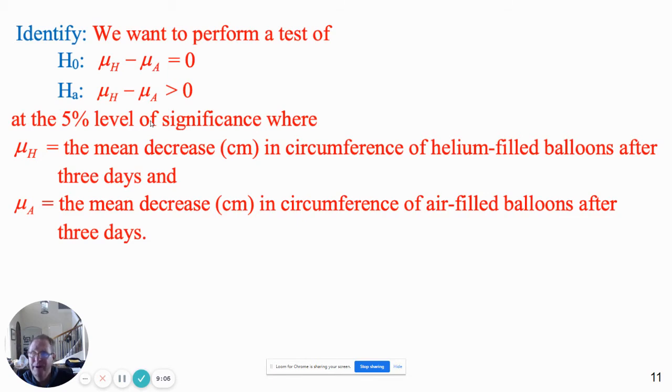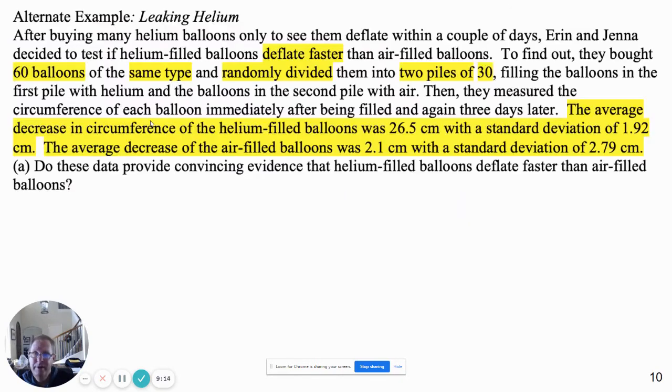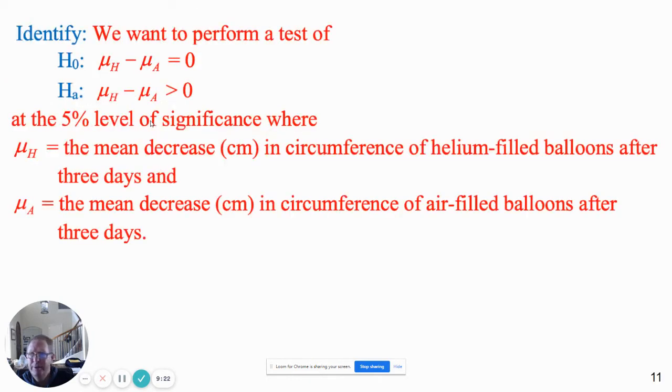The problem did not give us a significance level, so we will use the 5% significance level by default. Let's go back to the question. It asks whether the helium-filled balloons deflate faster, so we want to find out if the decrease is greater for the helium-filled balloons. So the alternative is mu h minus mu a is greater than 0. So that's the identify part.